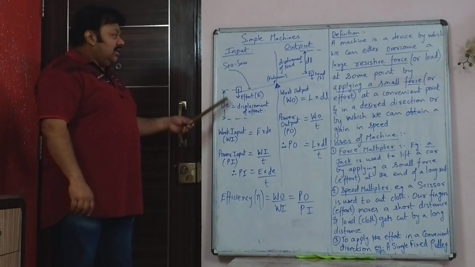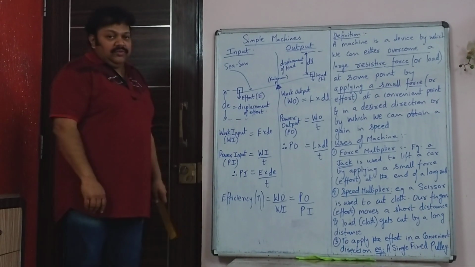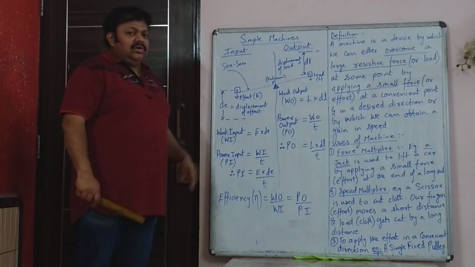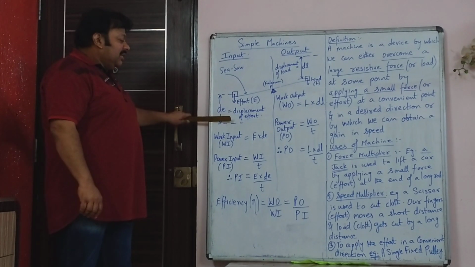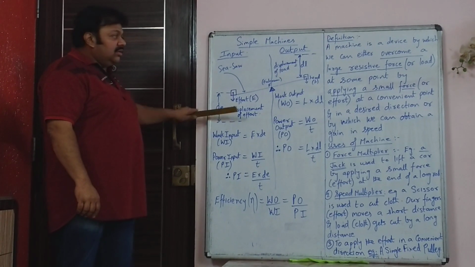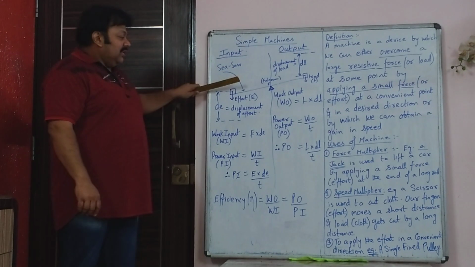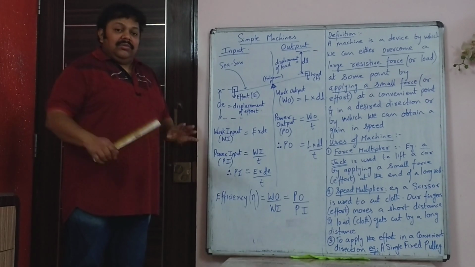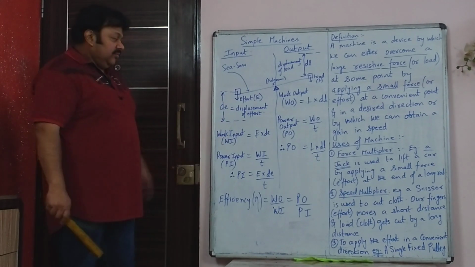This is the simplest of simple machines, a seesaw. In this case, if the distance moved by this is 20 centimeter, that will go up by 20 centimeter. Displacement of effort and displacement of load will be the same, but that is not the case in all machines. It is the case in a seesaw.